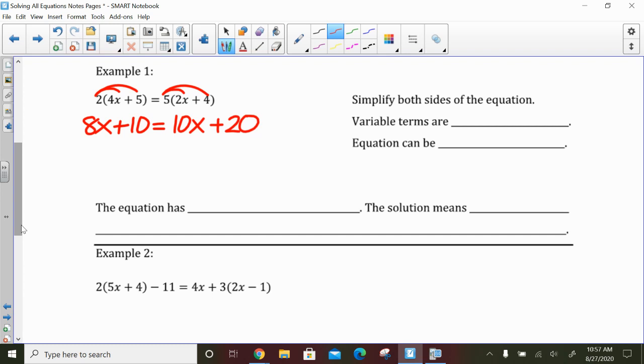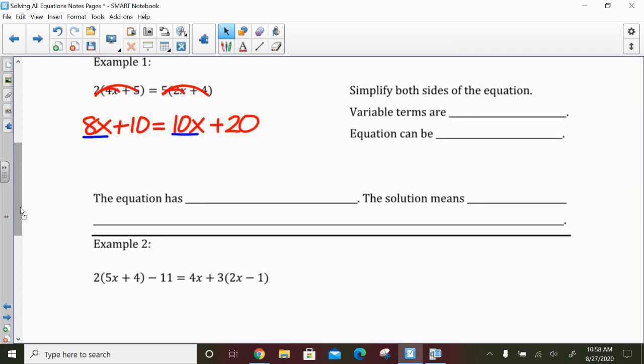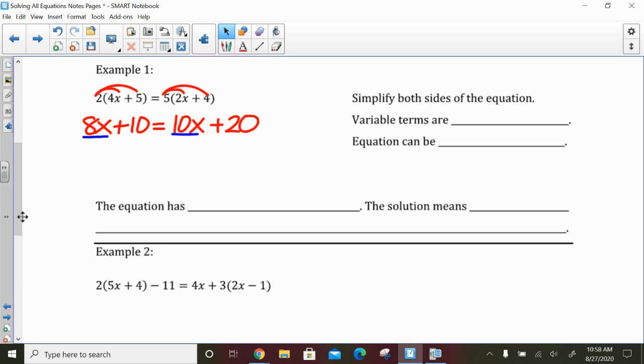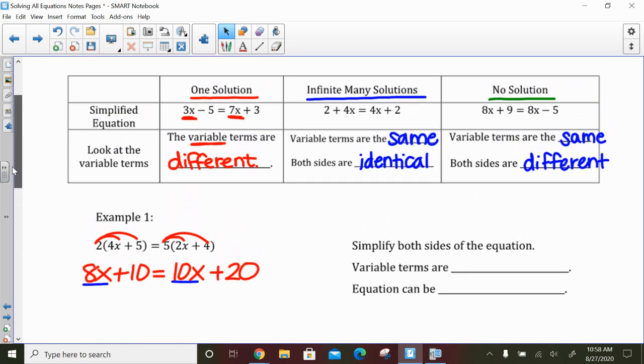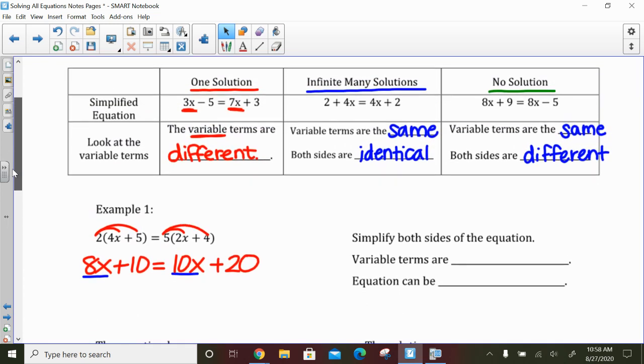All right, so what I want you to look at first is the variable terms. Okay, those variable terms are 8x and 10x. If your variables are different, so I'm going to go back up to here. So if my variable terms are different, we're looking at one solution. Okay.